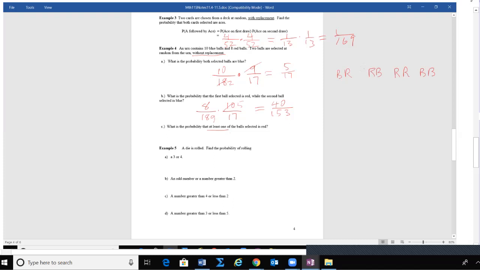Now over here, he's asking for at least one of the balls selected red. Well, at least one means this thing counts, and so would this. So notice there's only one other outcome that can occur here, and that would be 2 blues. So when you look at this, this is at least one red.